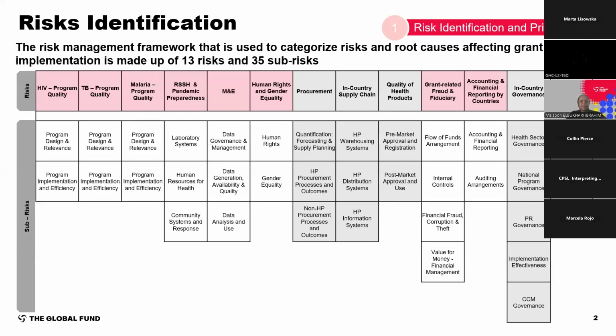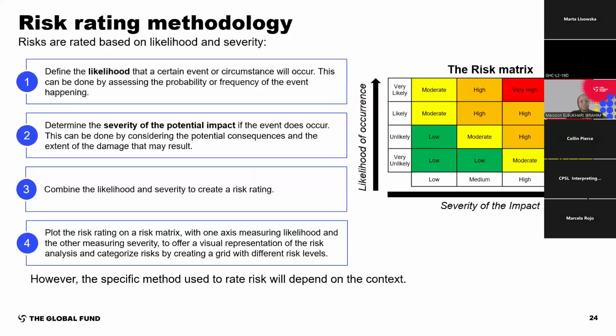And then I think after that, we identify the risks, rate them, and then on the next slide, I will elaborate on how risks are rated. So risks are rated based on 2 key factors, and you see them in the graph.